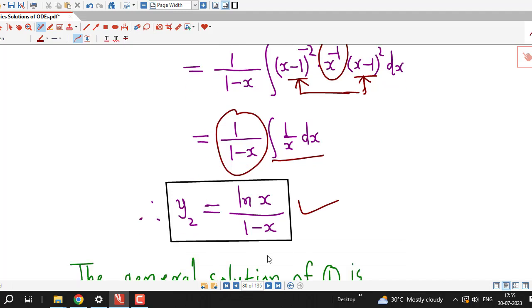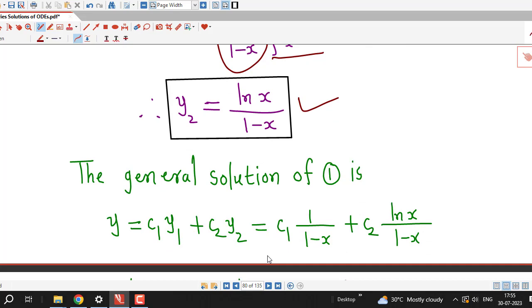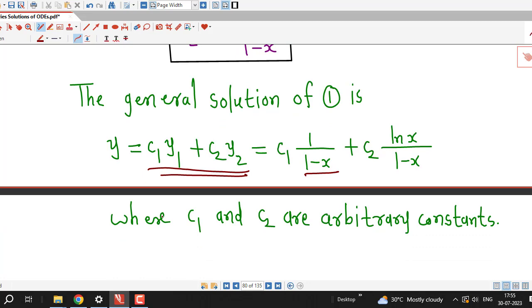And once we have two linearly independent solutions, we can write down the general solution by taking their linear combination: c1 into y1, that is 1 minus x, plus c2 into y2, which is log x over 1 minus x.